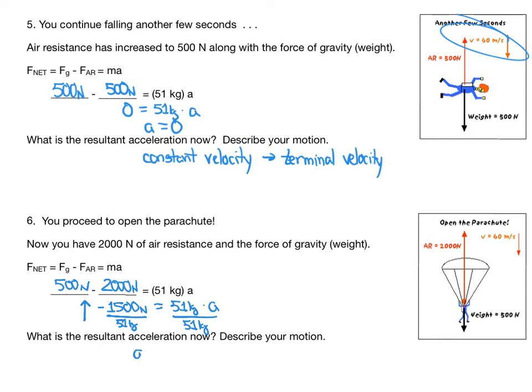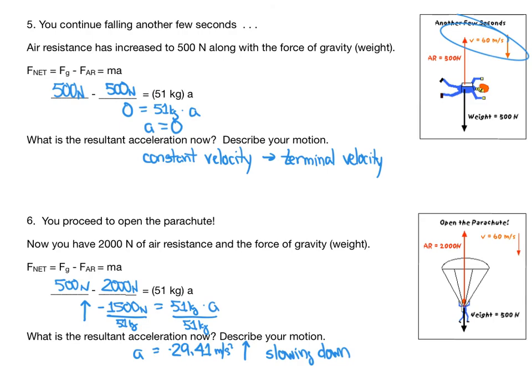So we have an acceleration rate of 29.41 meters per second squared, and that's going to be upwards, right? I can leave the negative sign there, it doesn't matter, as long as we know it's upwards, right? Because we're going to be slowing down, right? And that's a huge slowdown, right? Because remember, gravity only pulls us at 9.8, so that's 3 times the amount of deceleration, I would say, right?